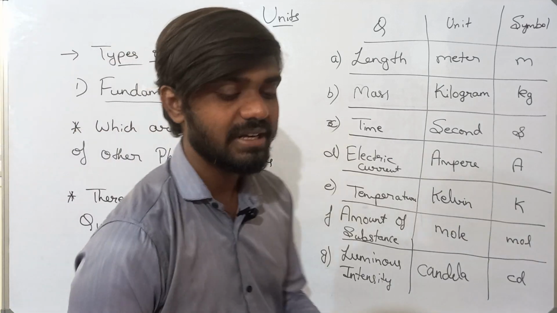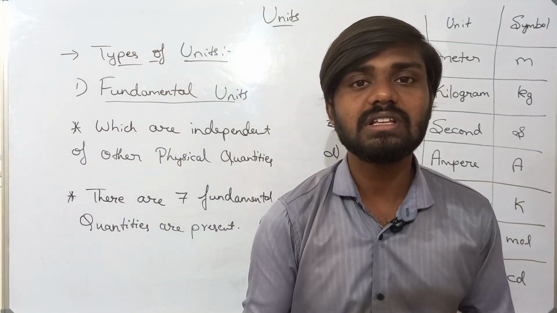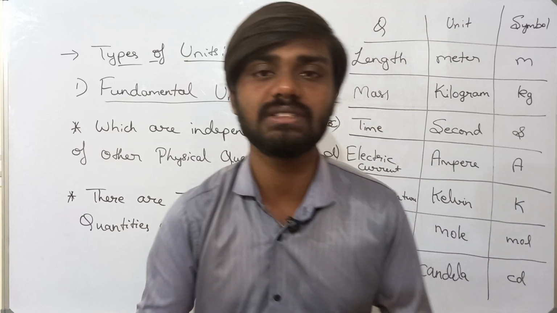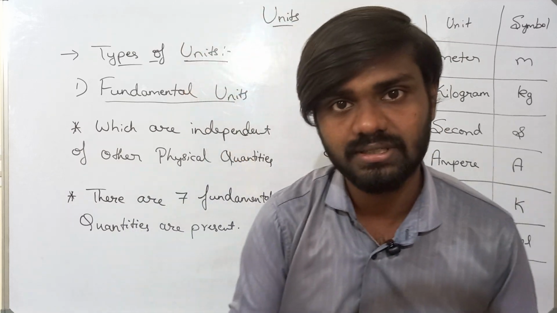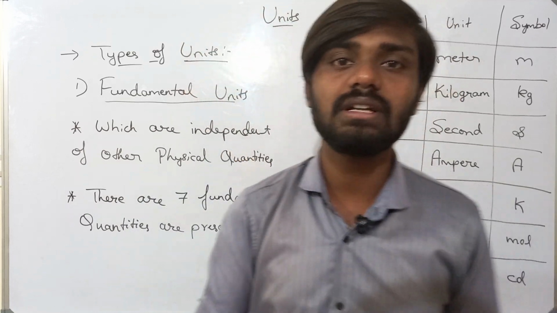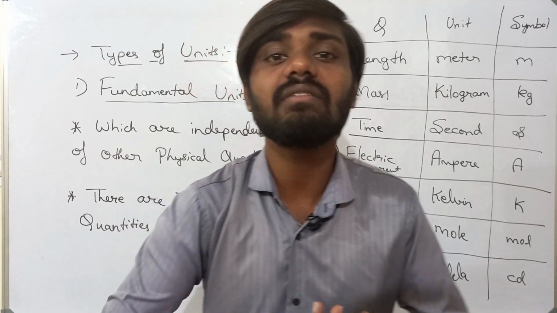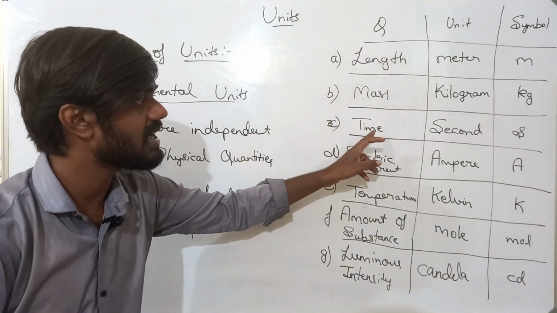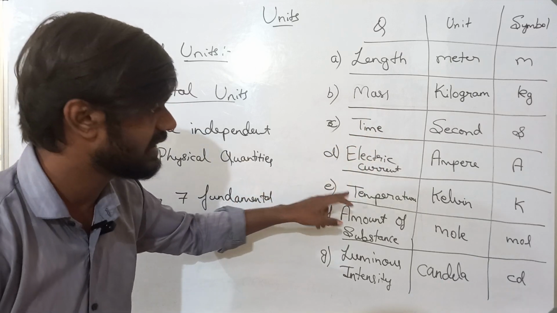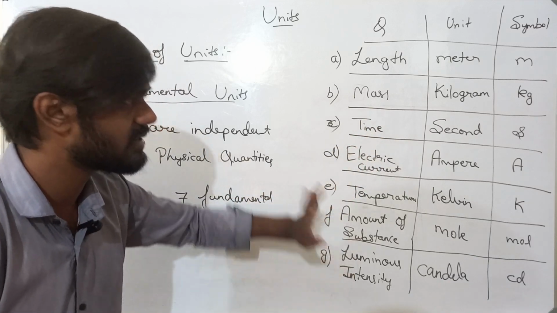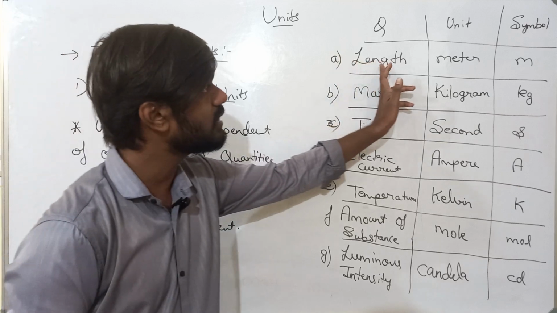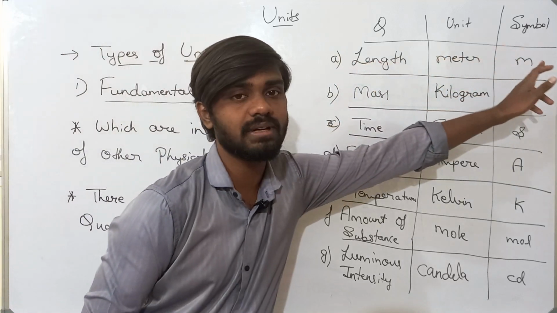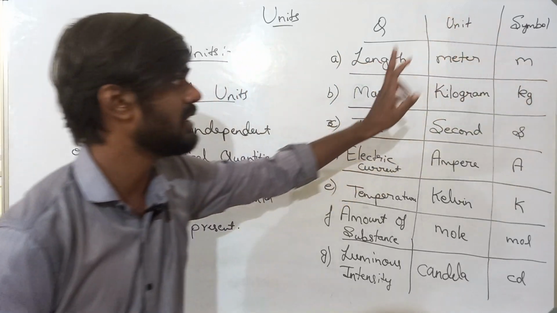So fundamental quantities are those quantities which are independent of other physical quantities for their units. So there are 7 fundamental quantities and 7 fundamental units. Those are length, mass, time, electric current, temperature, amount of substance and luminous intensity. The unit of length is meter and the symbol is small m.